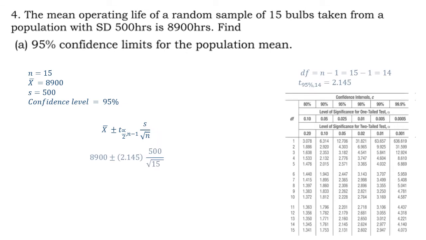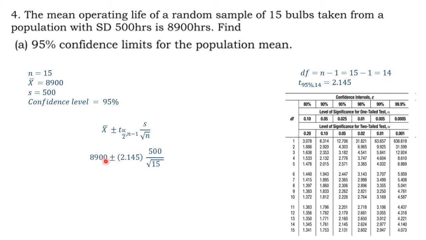So how to find this? First, find degree of freedom. df is equal to n minus 1. N is 15. 15 minus 1 is equal to 14. At 95% and 14, we will get 2.145. Put it here, 2.145.